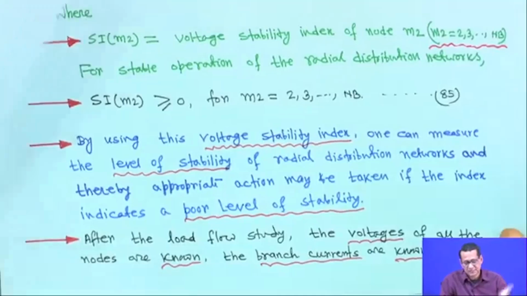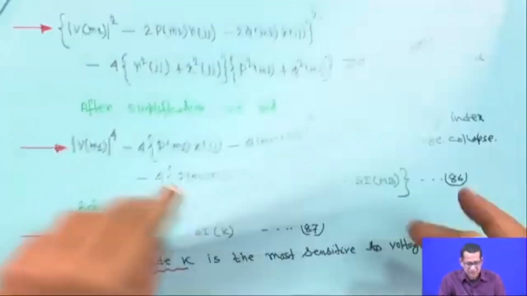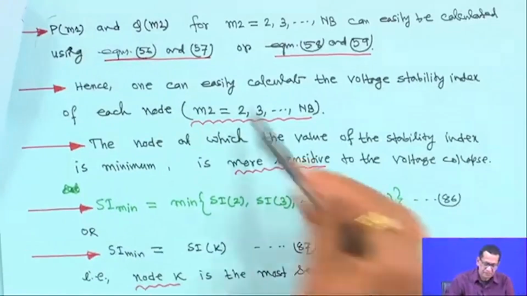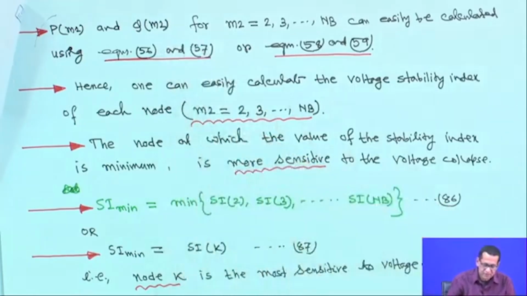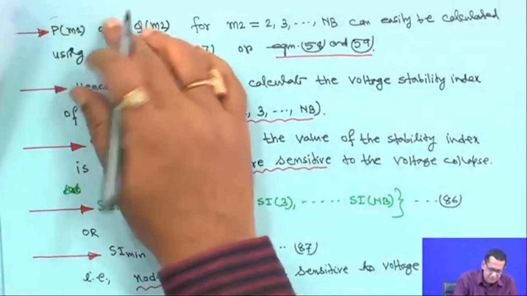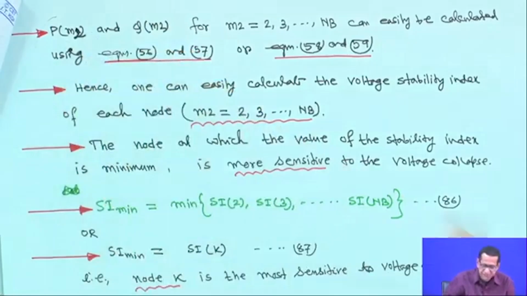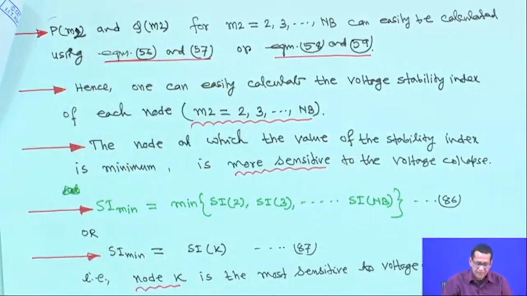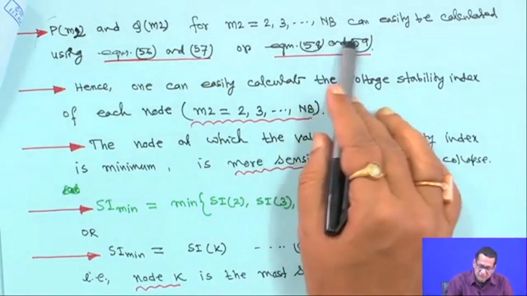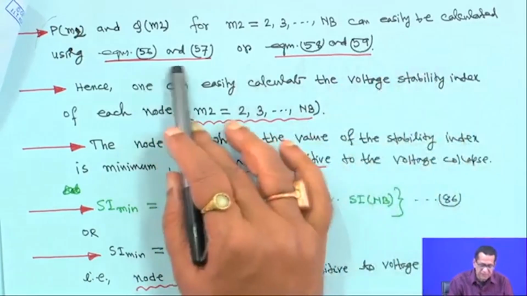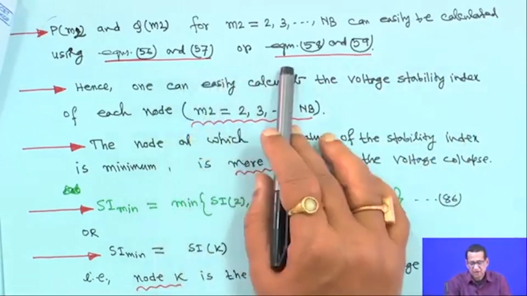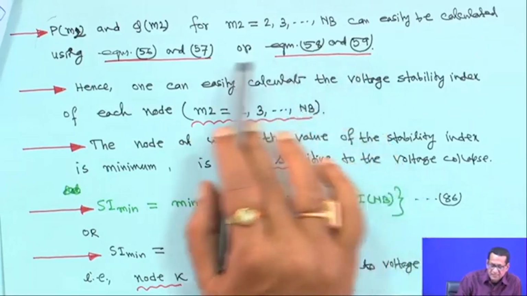Pm2 and Qm2, for m equal to 2, 3 up to nb, can easily be computed using equations 56 and 57 or equations 58 and 59.